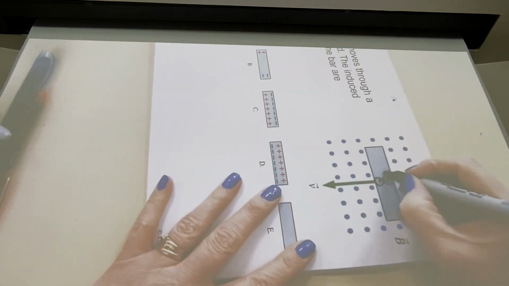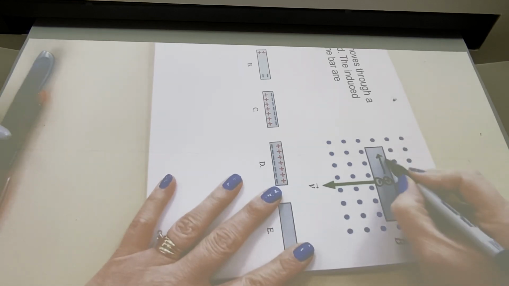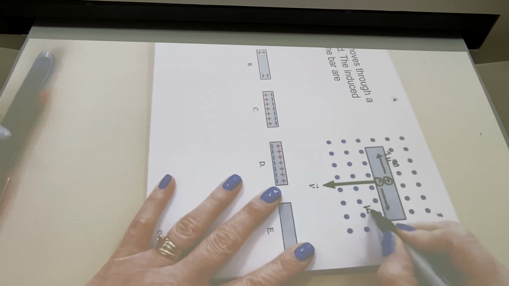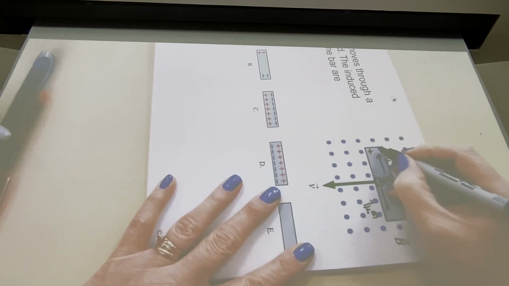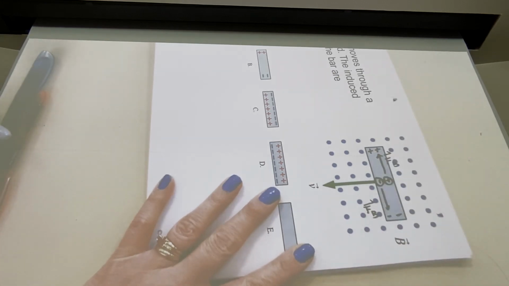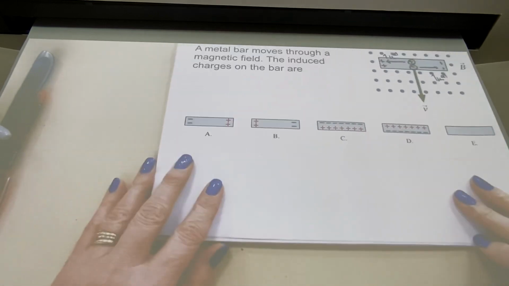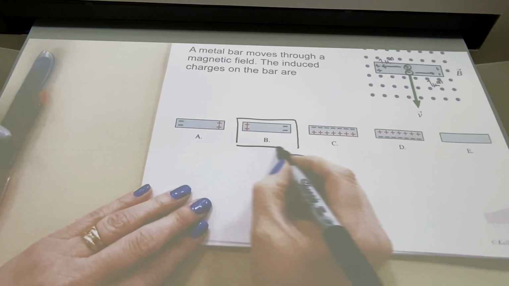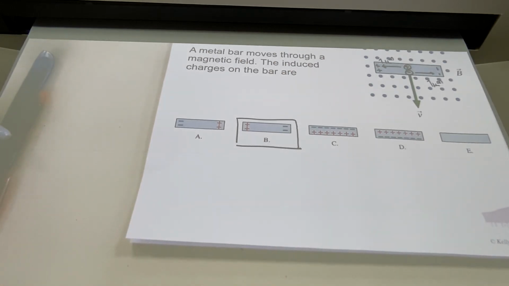That's my force on a positive charge. My force on a negative charge is opposite. That means my pluses are going to move over here and my negatives are going to move over here. So the answer to the question was B. If you got that correct on your notes, you can give yourself a star.